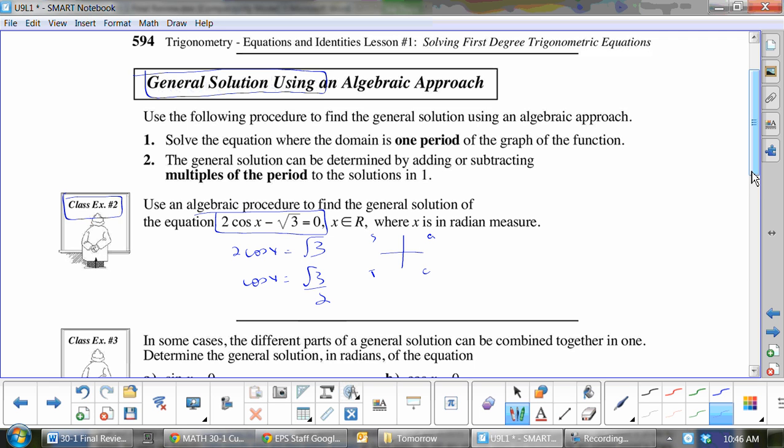It's only cos positive in quadrant 4. So get those things in. Now, where is cos x root 3 over 2? One of them was pi over 6. Where's the other one? 11 pi over 6. Now, right from this, you are done.